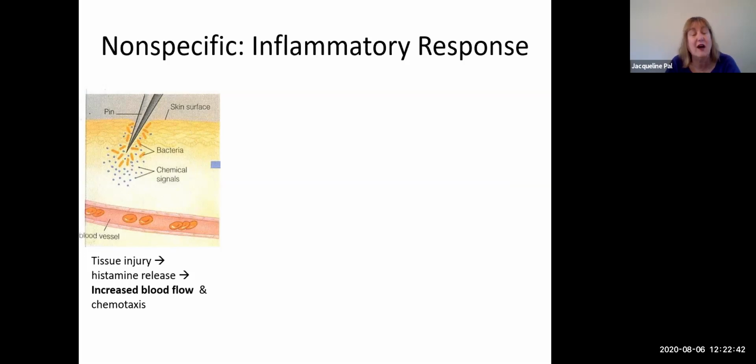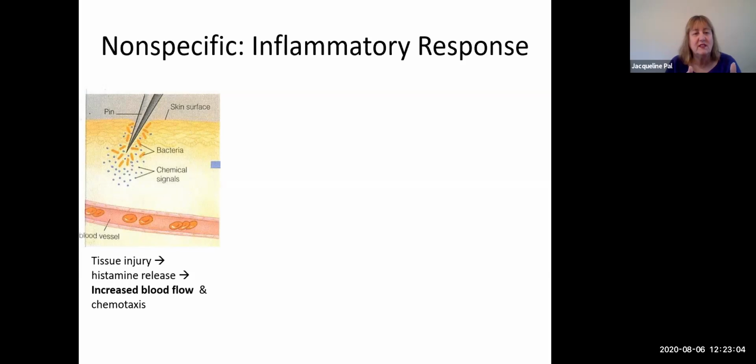Now, in addition, I want you to realize that when that pin went into your skin, it did not squeeze through all the cells and not damage any of them. It damaged cells, and those damaged cells are releasing chemical signals, those cytokines, some of which are going to be chemotactic factors.